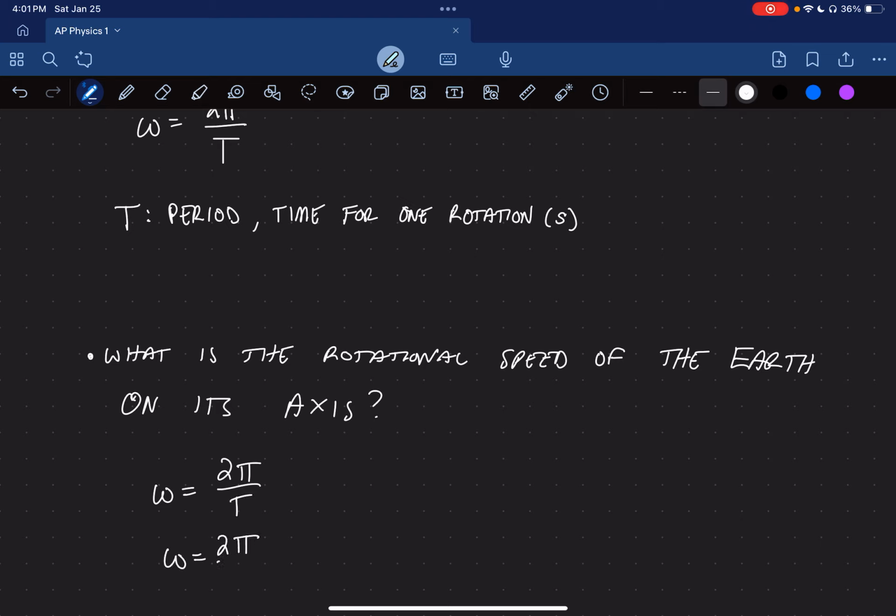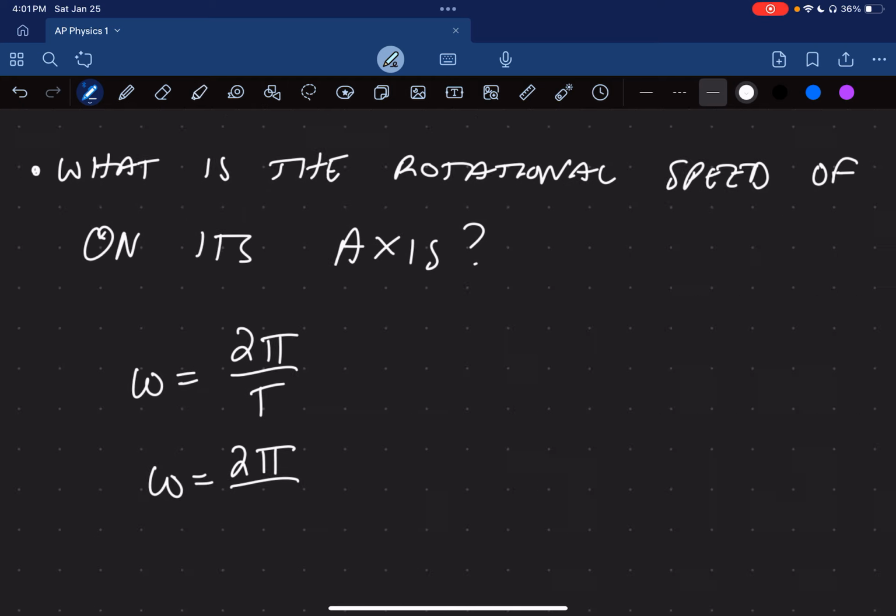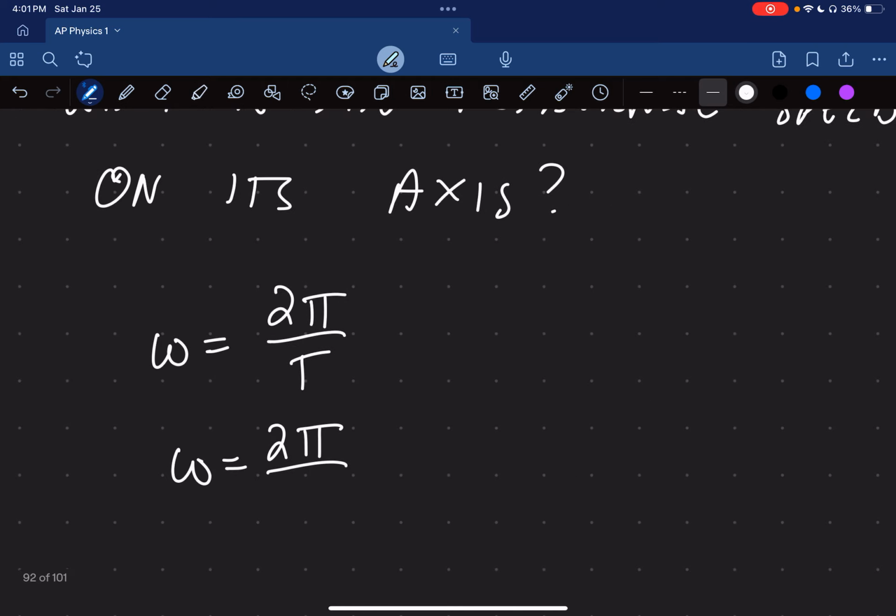What is the period? In other words, what is the time it takes for one rotation of the Earth? Some people will say 365 days, which is wrong. And some people will say 1 day, which is right, but we can't just put one here.